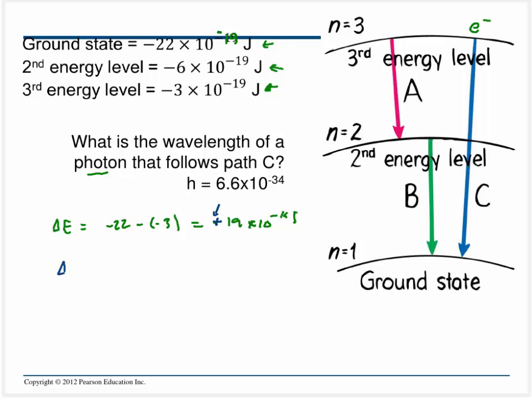And so we're going to say that this delta E now for the photon is equal to h times f, Planck's constant, times the frequency, or hc over lambda.